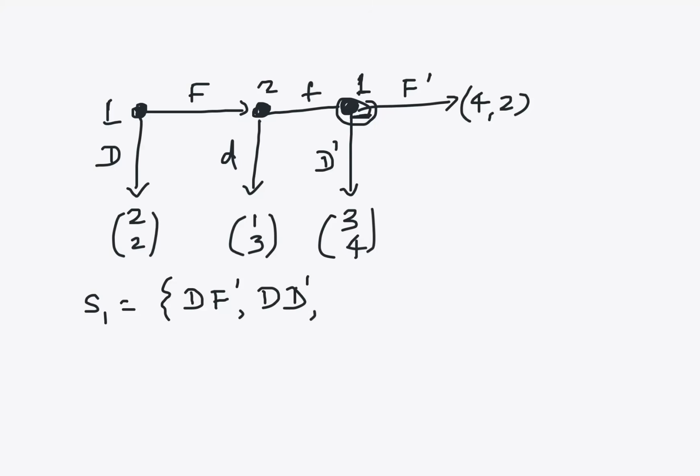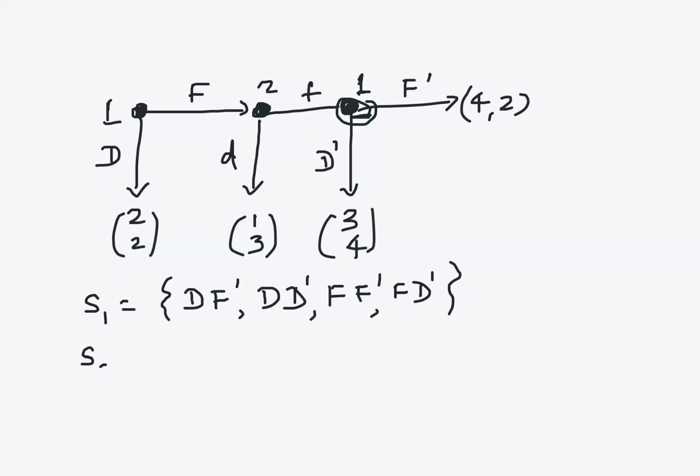And if player 1 moves forward, then she has to specify what she's going to do at the third stage, even if it doesn't reach, so F and D prime. So these are the 4 strategies for player 1 in this game.